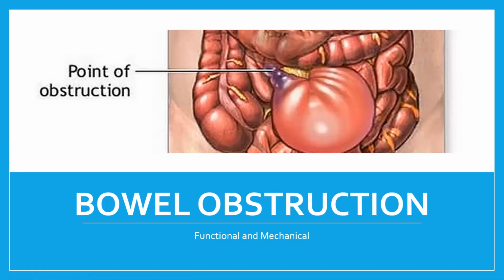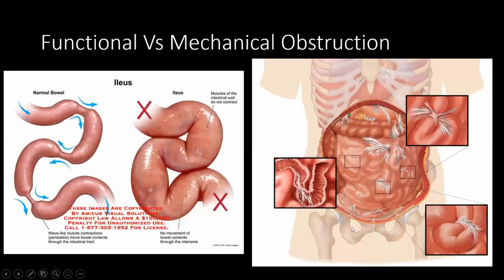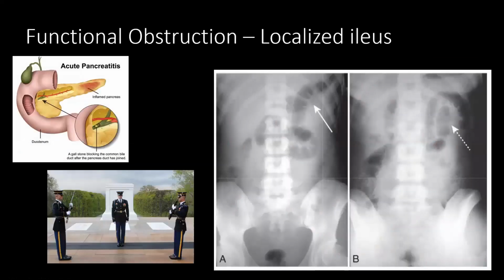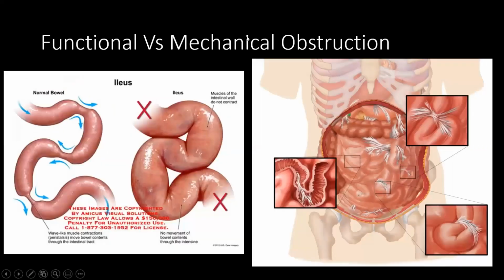A bowel obstruction is defined as the cessation of the movement of the bowel at a certain point. It's either mechanical, a true obstruction, or it's functional. A functional obstruction is not a true obstruction, but a cessation of the movement of the bowel. It is either localized at a certain point, or it is a full functional obstruction of the bowel.